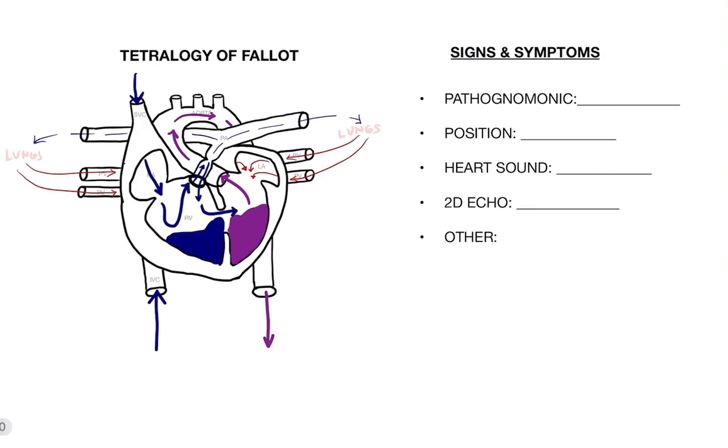Okay. Now let's move on to our signs and symptoms. So, the pathognomonic sign and symptom is what we call TET spells. So these TET spells are a group of signs and symptoms where the patient is not receiving enough oxygenated blood.